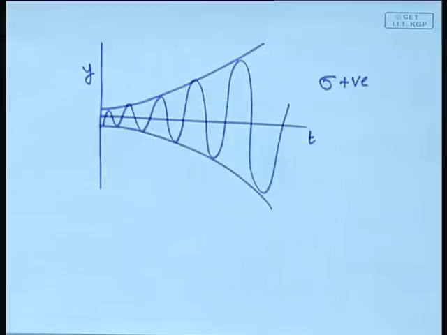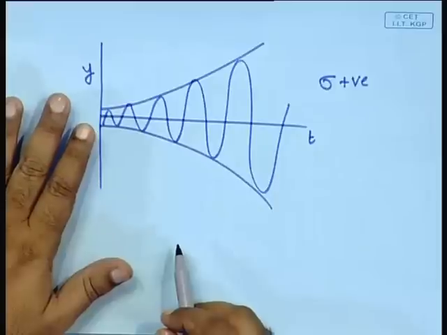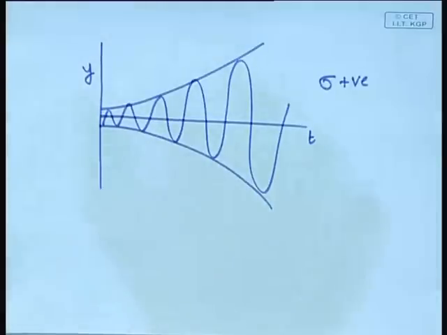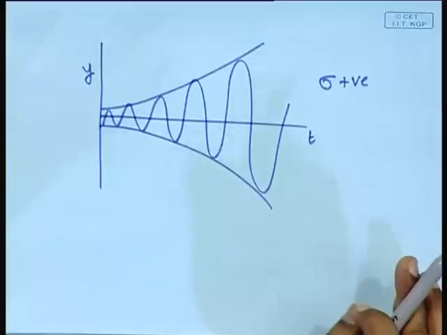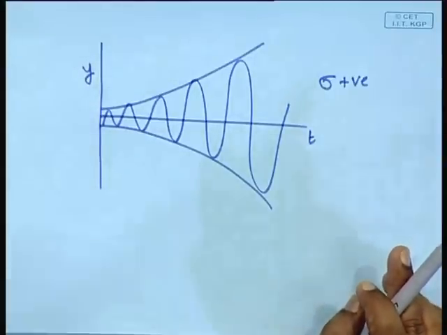Understood? And the x will also have the same property, only thing is that x and y will be out of phase, that is all. Are you convinced? So, that is the result when you have complex conjugate eigenvalues.